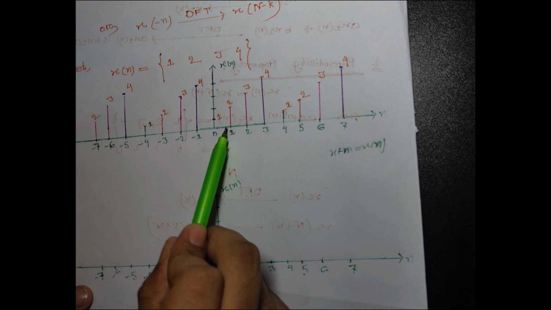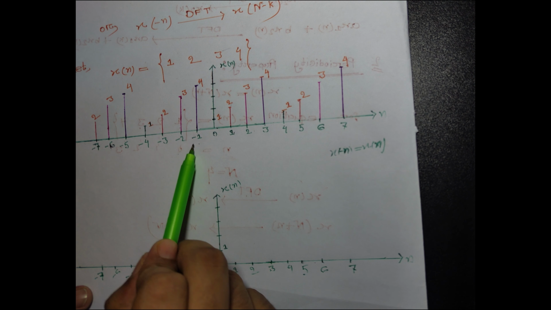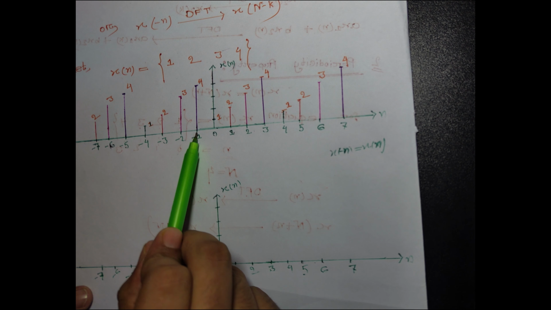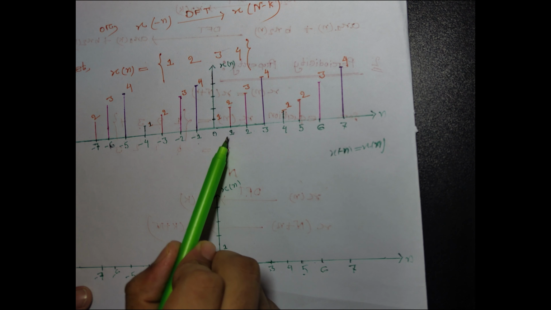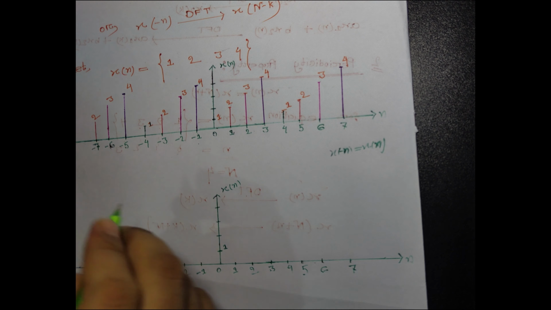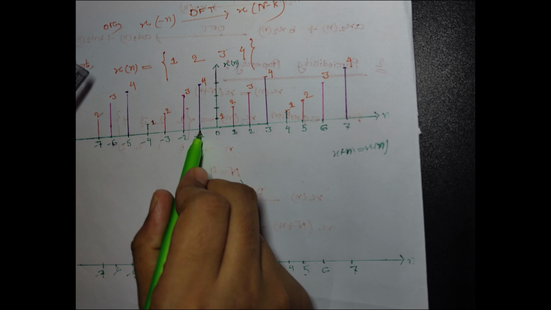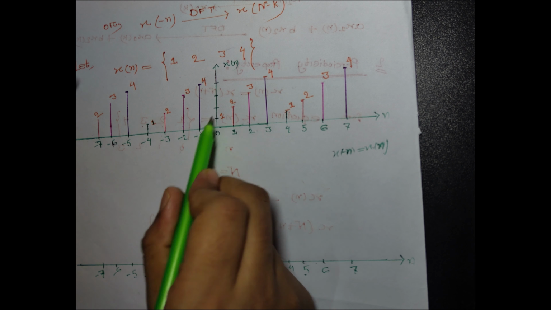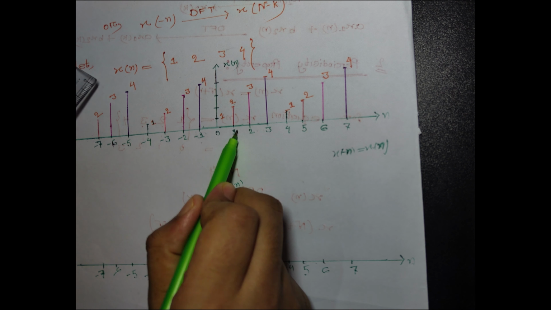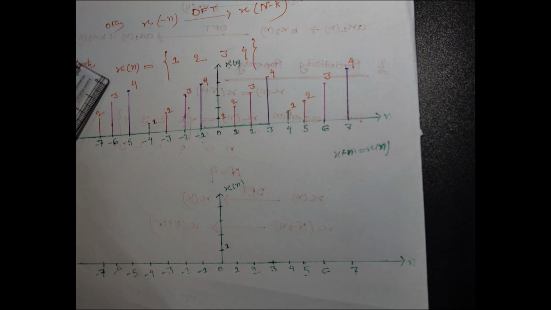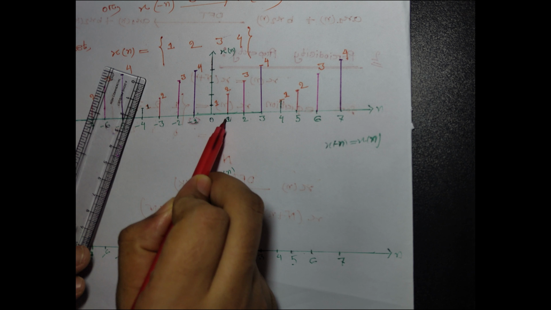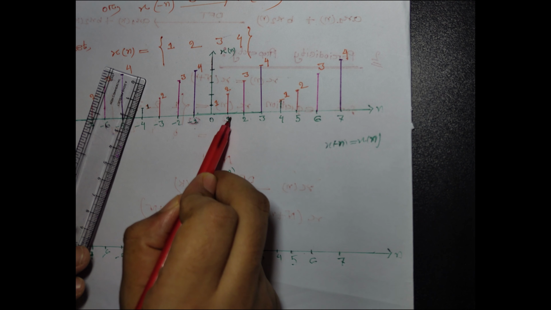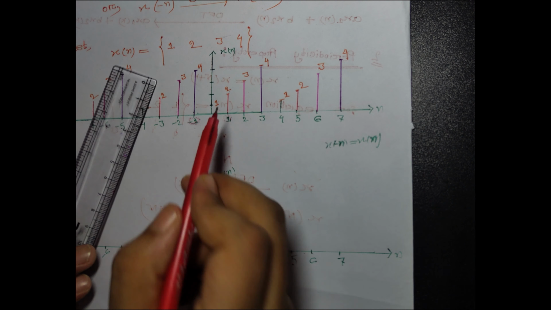For the time reversal property, at n equal to minus 1 and n equal to 1, the values are swapped, so at the minus 1 position, the magnitude of the signal is 2.